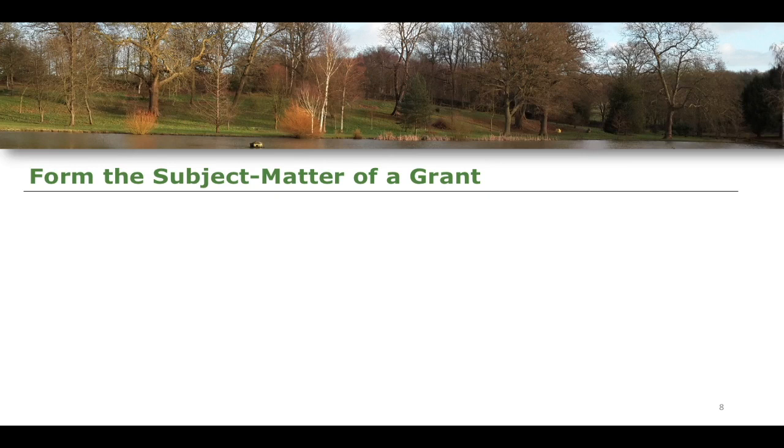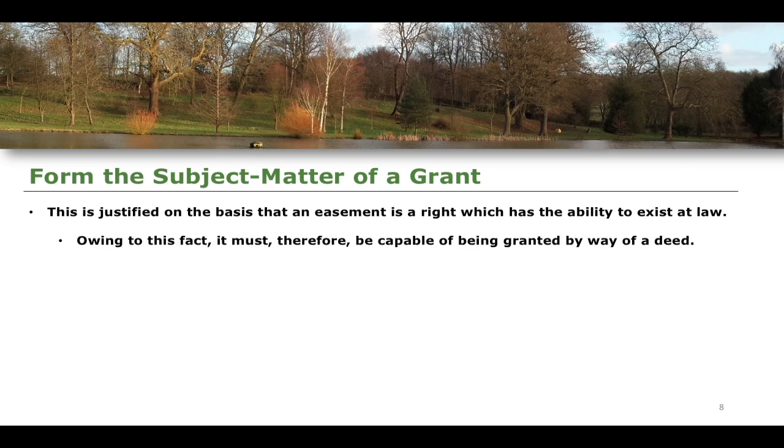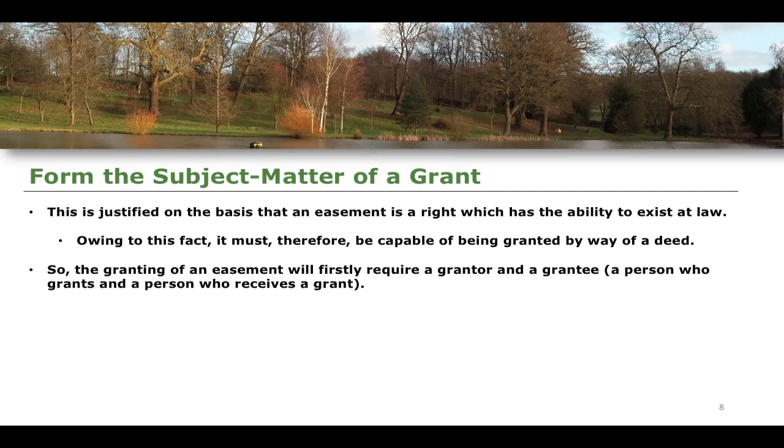The final requirement is that the easement has to be the subject matter of a grant. This is justified on the basis that an easement is a right which has the ability to exist at law. And so owing to the fact that it has to have the ability to exist at law, it must be capable of being granted by way of a deed.